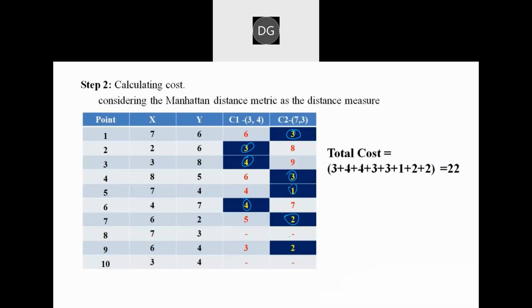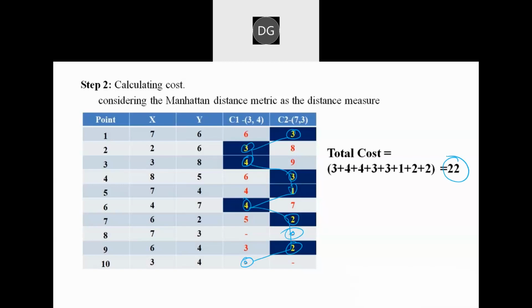Here I have left blanks because it is anyway going to be 0. Here also it will be 0 only, so no need to waste time calculating. So if I add all the values, what will I get?